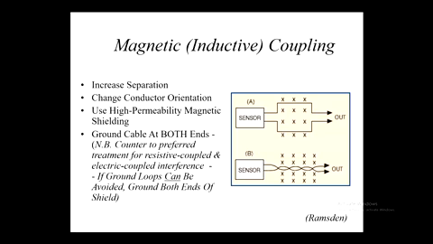And once again, the solution is to use the twisted pair to reduce the area of the loop first up, or change the orientation of the conductor. If you can use your imagination here, let's switch that into the horizontal plane, so both wires are on the same plane, this upper one and lower one.